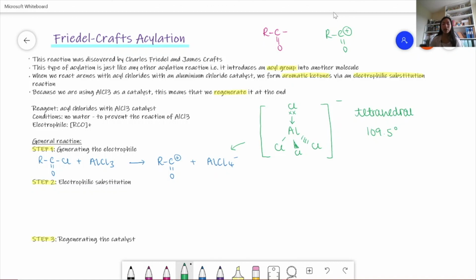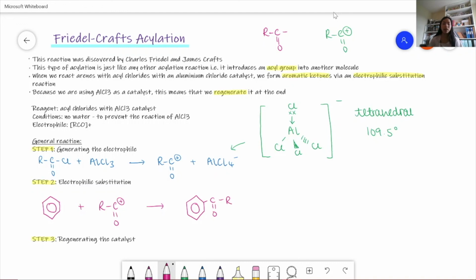And then in step 2, we get the electrophilic substitution. So we have benzene, and we add it with this electrophile, this RC double bond O plus ion. And then what we form is benzene attached to this C double bond OR.